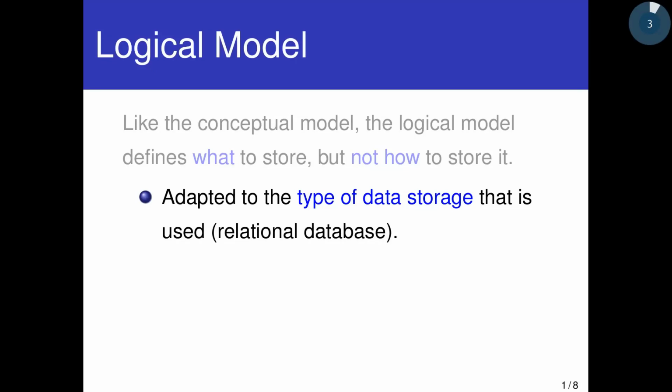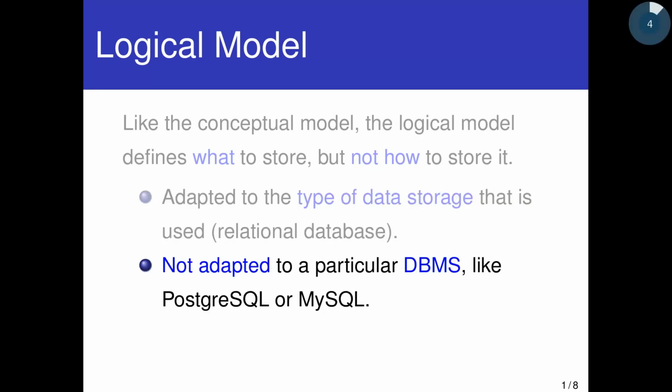So the logical model is adapted to the type of data storage that is being used, and in this case that is a relational database, but it is not adapted to a particular database management system like Postgres or MySQL. It is still general and can be implemented in any type of relational database.